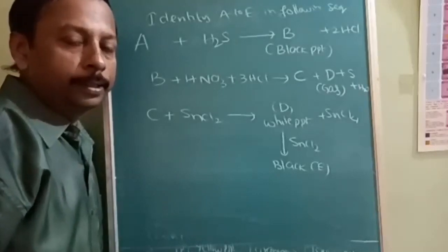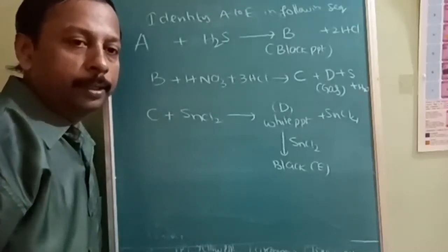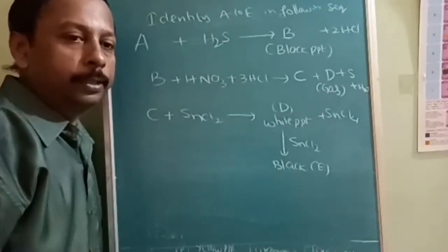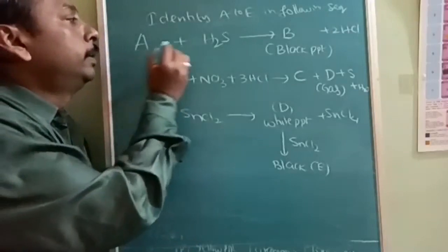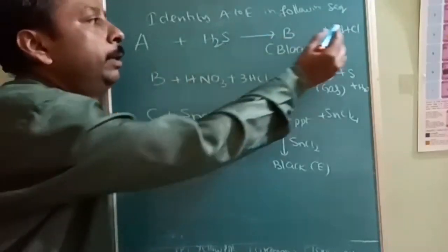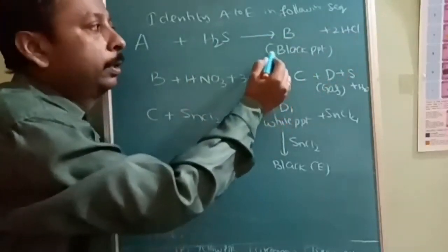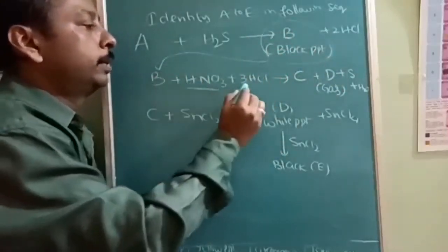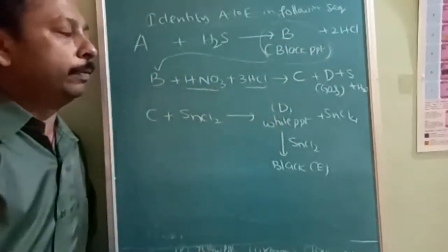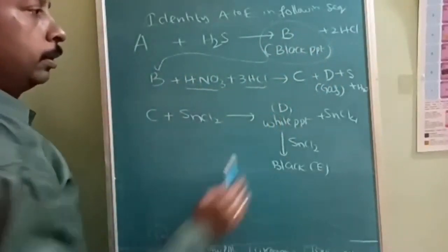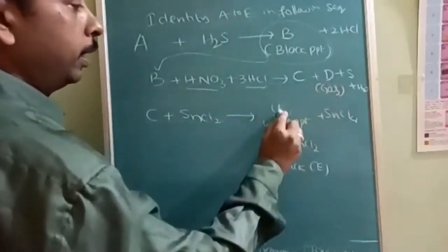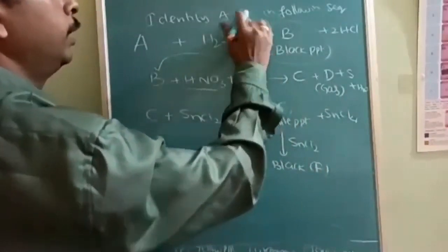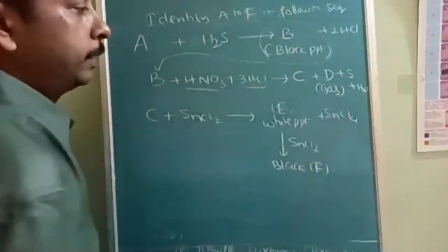Okay, the question is up to here. Identify A to F in the following sequence. The sequence is A plus H2S gives B plus 2HCl. B is a black precipitate. B is further oxidized with HNO3 and treated with HCl. Sorry, this is not E, D I have already written here, so it is E and F. D is a gas.